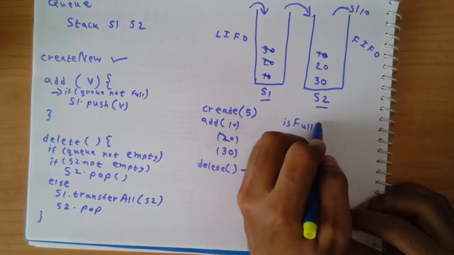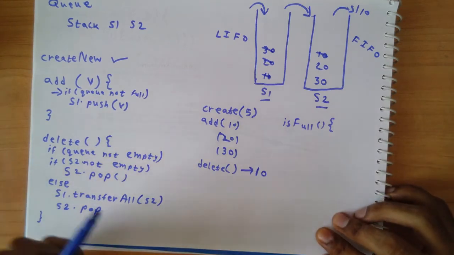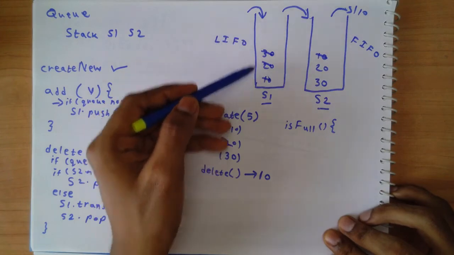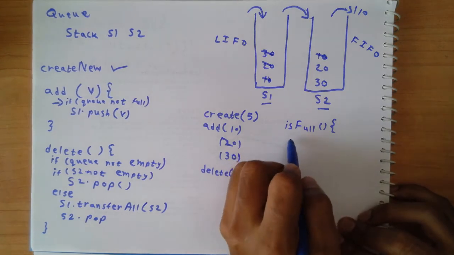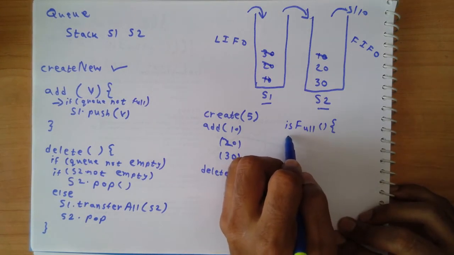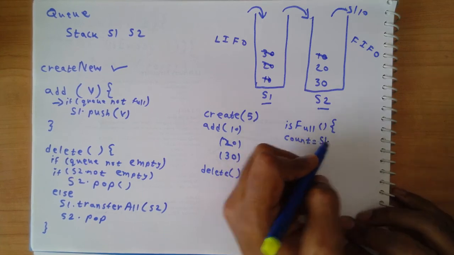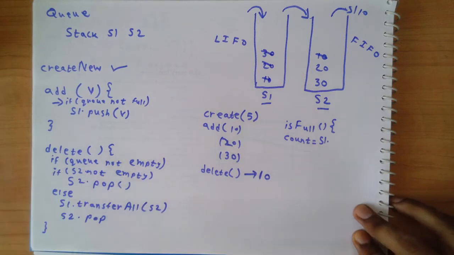Now what we are going to do is limit the number of elements in our queue to the capacity of the stack. So we have to count the number of elements in our queue. Let's say our stack has an operation that can tell us how many elements are there in the stack.